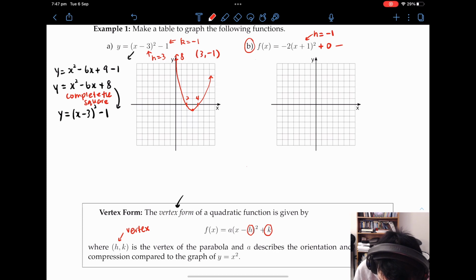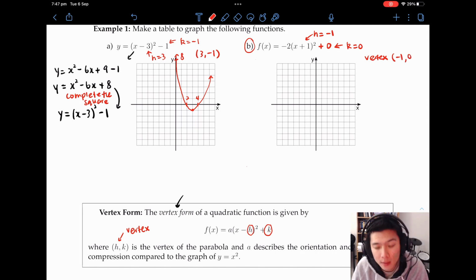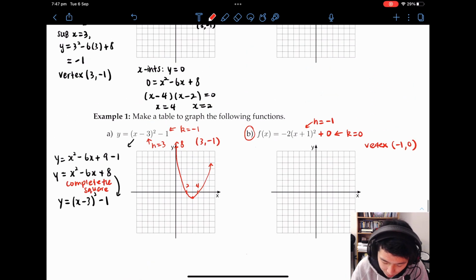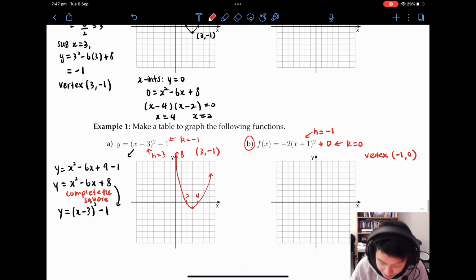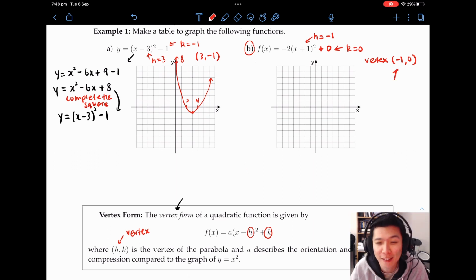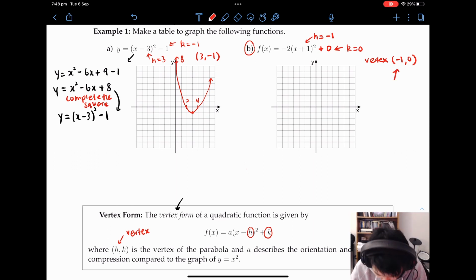And in this case, k is 0. So our vertex is at (-1, 0). And I'm assuming this is also the same graph as part B above. So if you did part B up there, this is exactly the same graph. And if you get a different vertex here, then you've done something wrong.